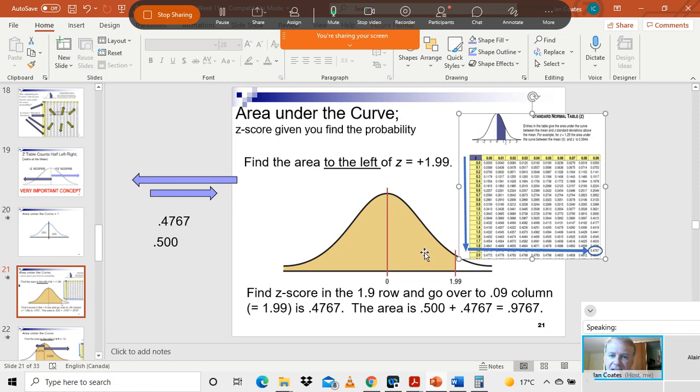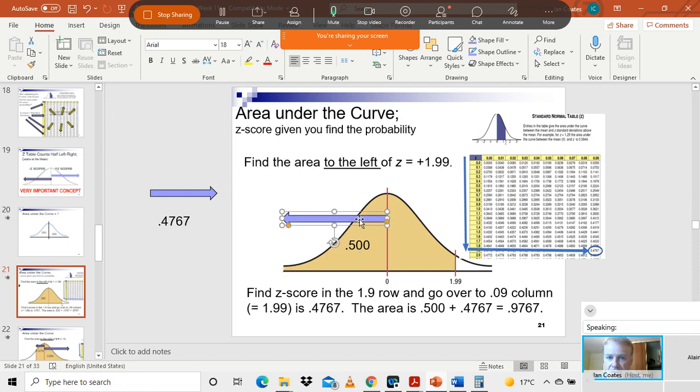What this means is, there's your 50%, okay, because measuring from there to there. And we found that the area under the curve for this section, because that's all it's measuring, from here and out, at this standard deviation of 1.99, I got a number of 0.4767.